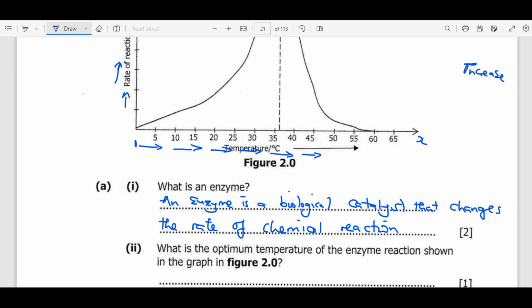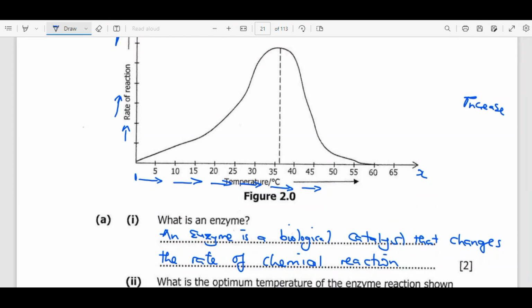What is the optimum temperature of the enzyme reaction shown in the figure, which is figure 2.0? The optimum means the highest. So when you look at here, this is the highest optimum point.